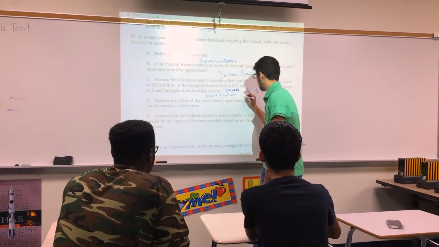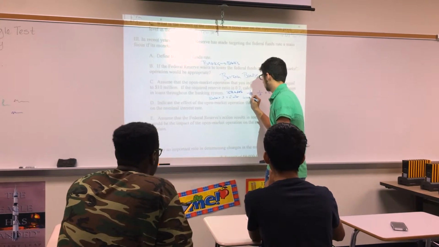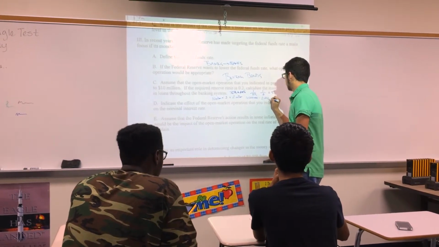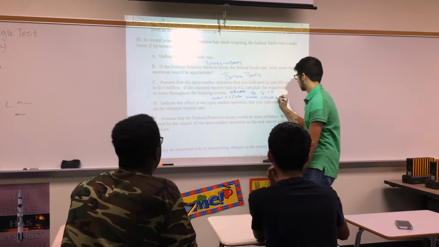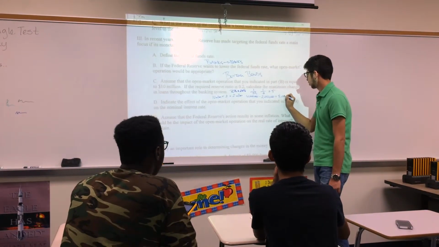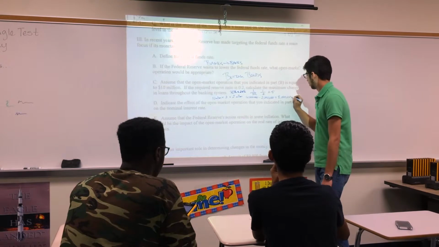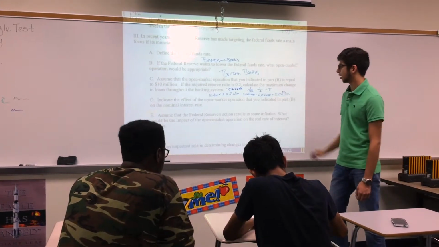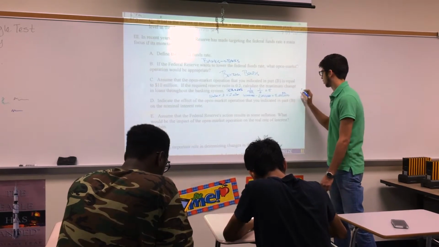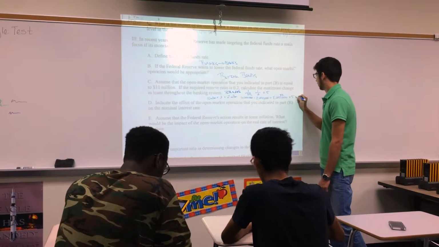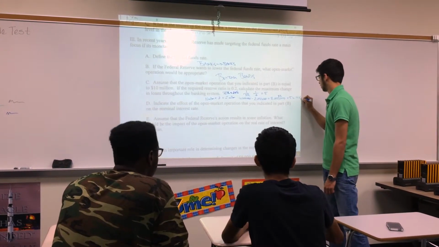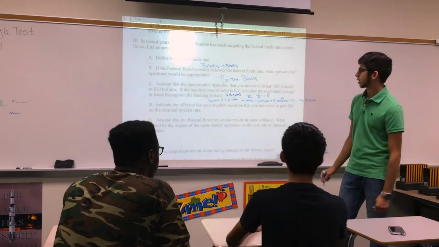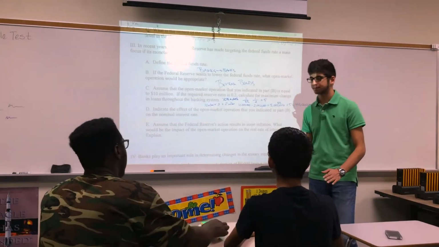So 10 million minus 2 million leaves you with your excess reserves, which is equal to 8 million. So this is your ER, and now you take your ER and multiply it times your monetary multiplier, which was 5, and that will give you your maximum change in loans. So 40 million is the answer for that. Any questions so far? No questions.